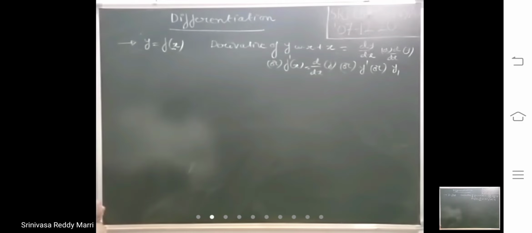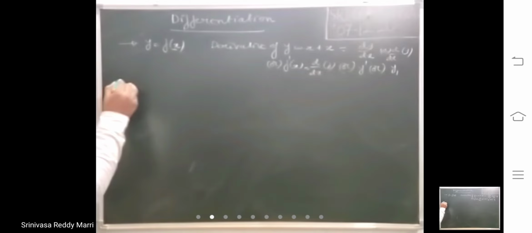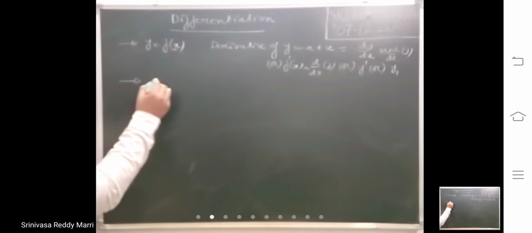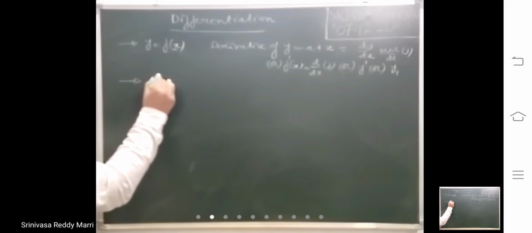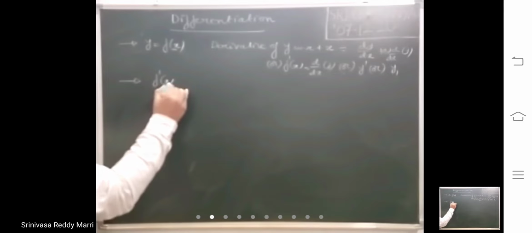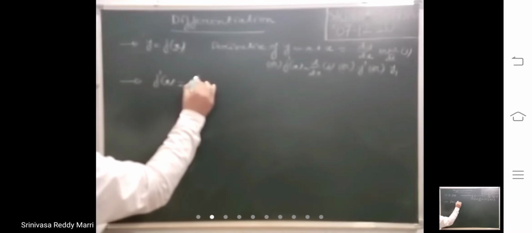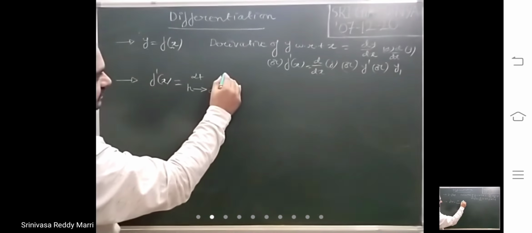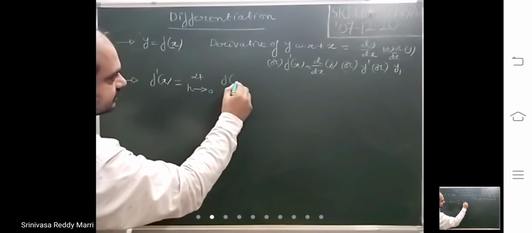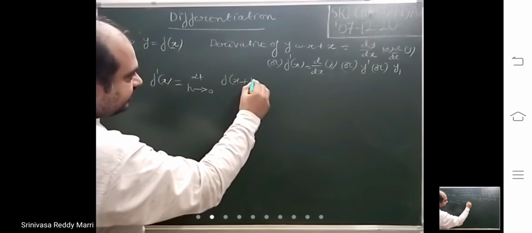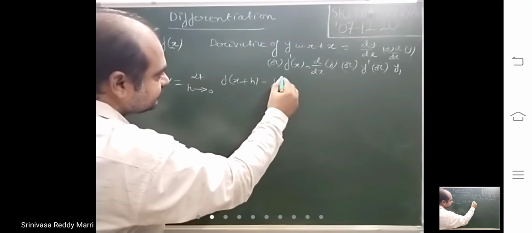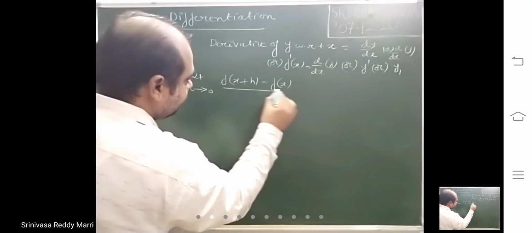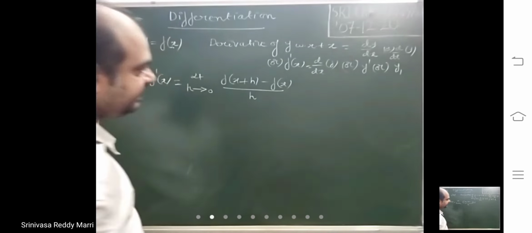For any function, how to calculate the derivative we have seen, by using this formula. F dash x is nothing but limit h tends to 0 of f of x plus h minus f of x, divided by h.